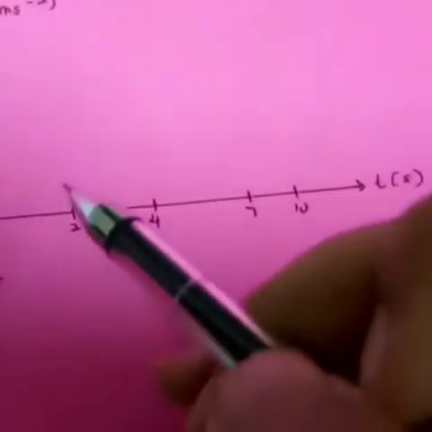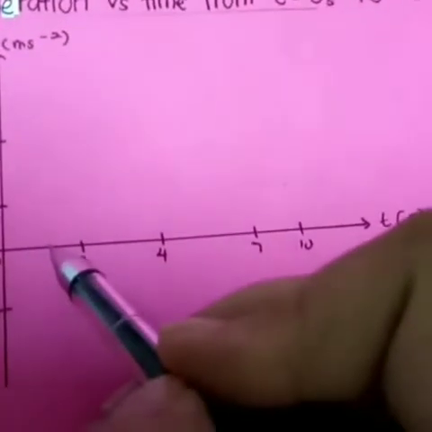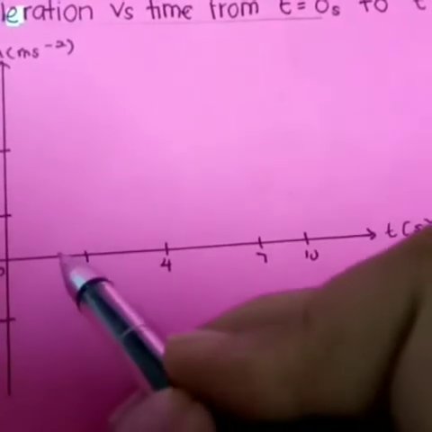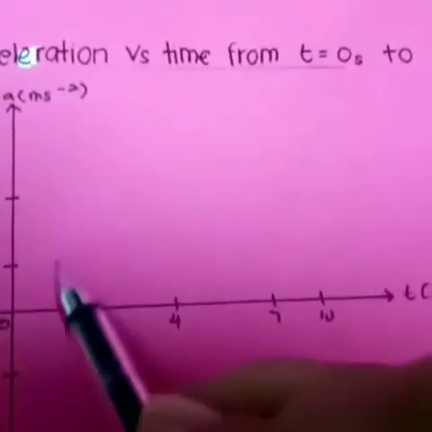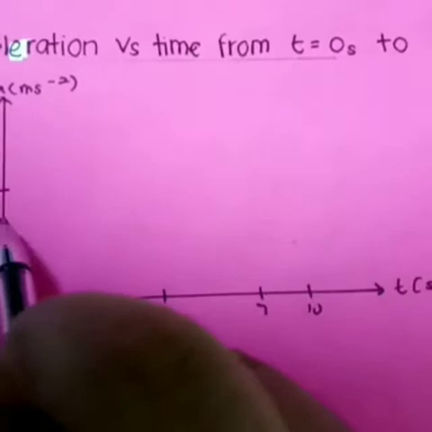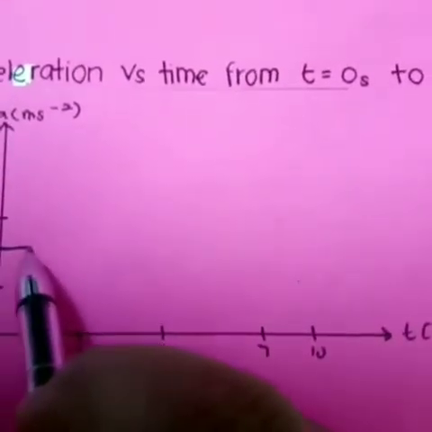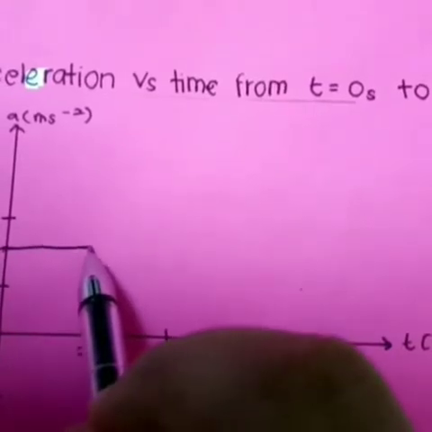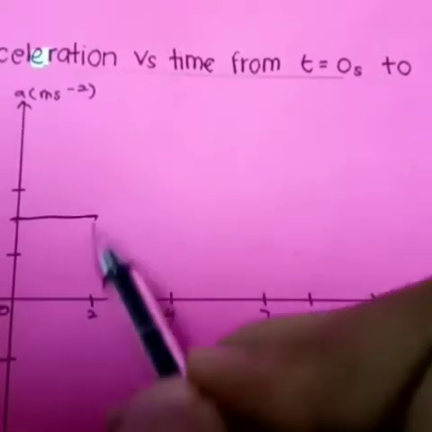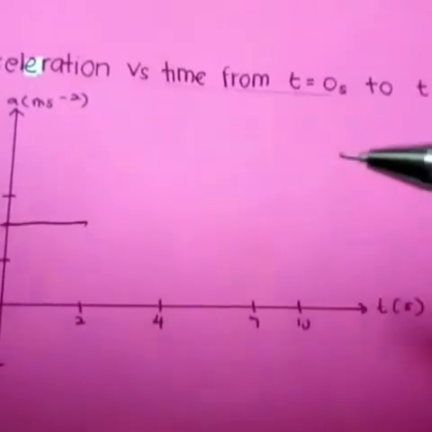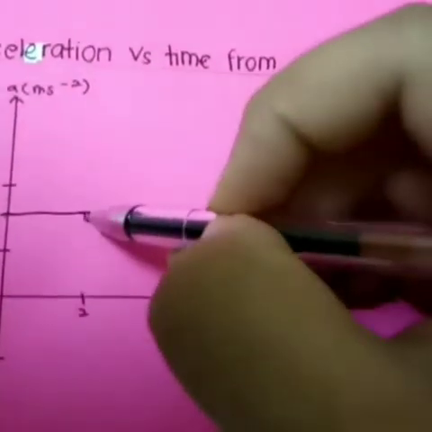So for 0 seconds to 2 seconds, the acceleration is 1.5, which is here. So we need to draw a line until this point. Okay, so we need to touch down.